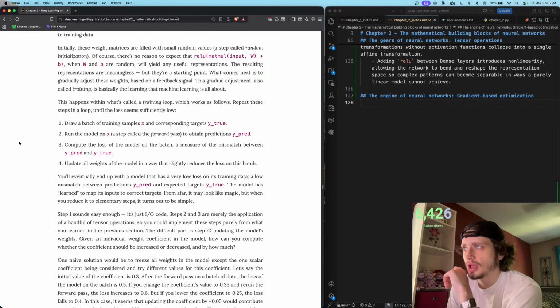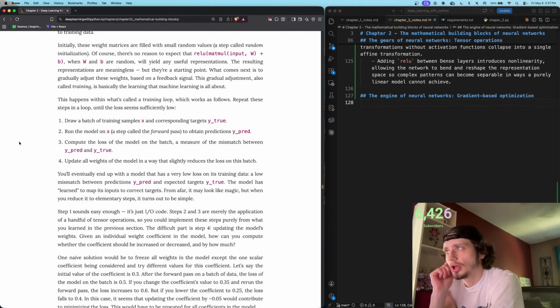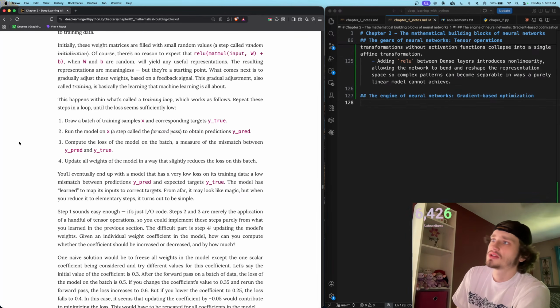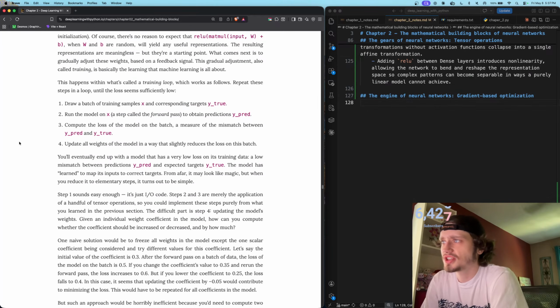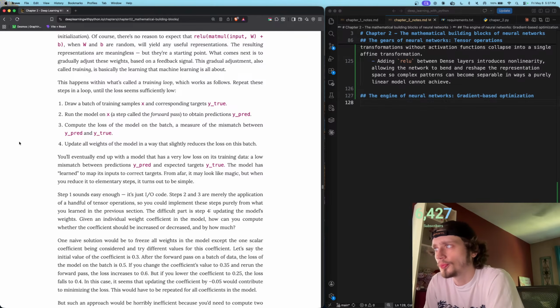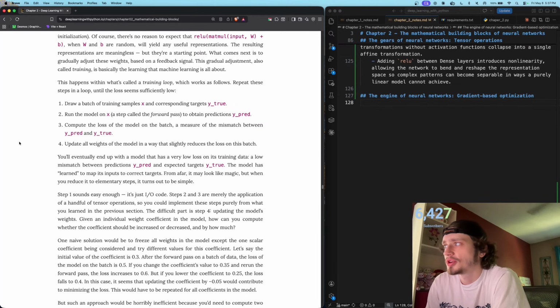This happens with what is called a training loop, which works as follows. Repeat these steps in a loop until the loss seems sufficiently low. Draw a batch of training samples X and corresponding targets y_true. Run the model on X, a step called the forward pass, to obtain predictions y_pred.